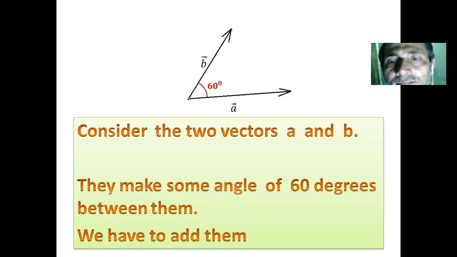In this case, if you want to add the two vectors, the sum can be obtained by drawing the parallelogram. Consider the two vectors A and B. They make an angle of 60 degrees between them, and we have to add these two vectors. In order to add the vectors, you have to construct one parallelogram.